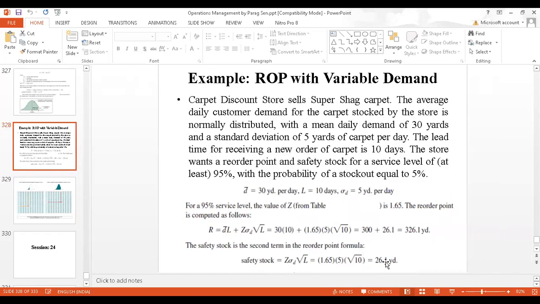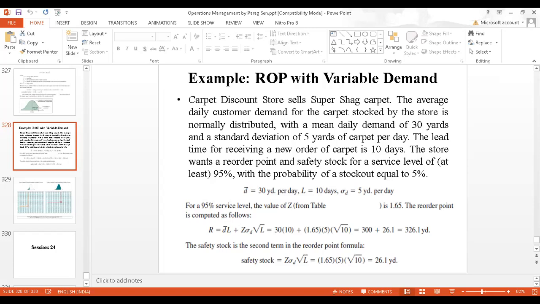So your safety stock in that case will actually be negative, which is practically infeasible.